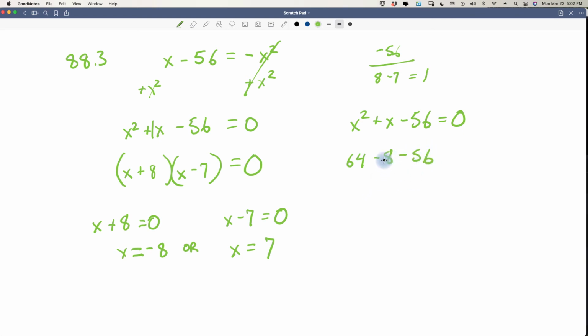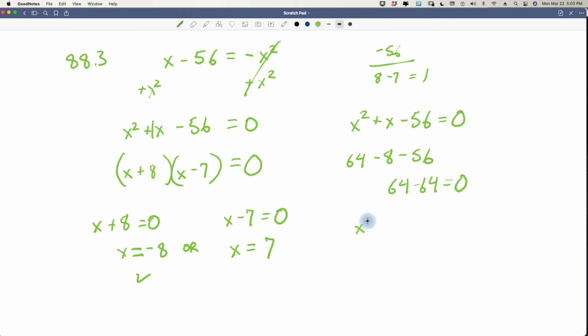Okay, so negative 8 and negative 56, that's 64 minus 64 equals 0. So negative 8 works.